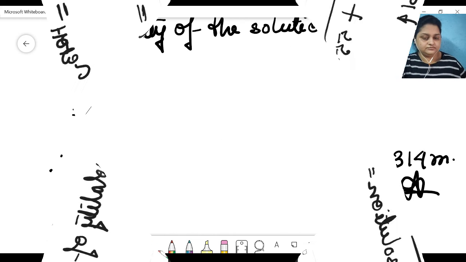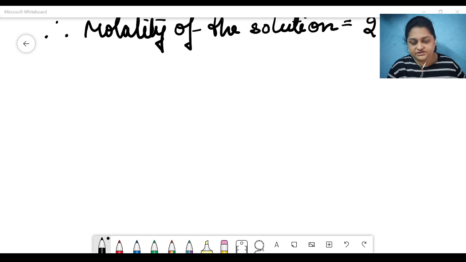The second question that we are going to study is from the chapter Structure of Atom.